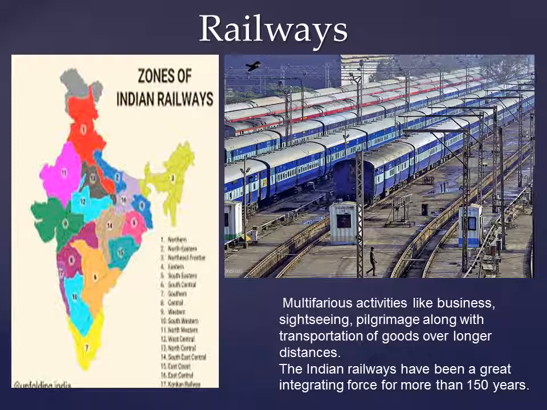The contiguous stretch of Sahyadri could be crossed only through passes or gaps, that is Ghats. In recent times, the development of Konkan Railway along the western coast has facilitated the movement of passengers and goods.